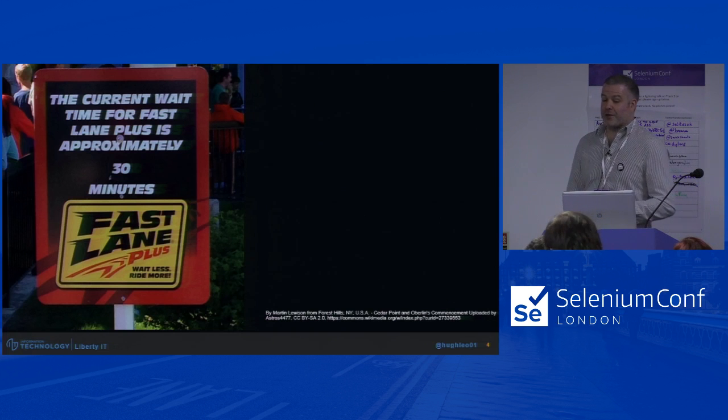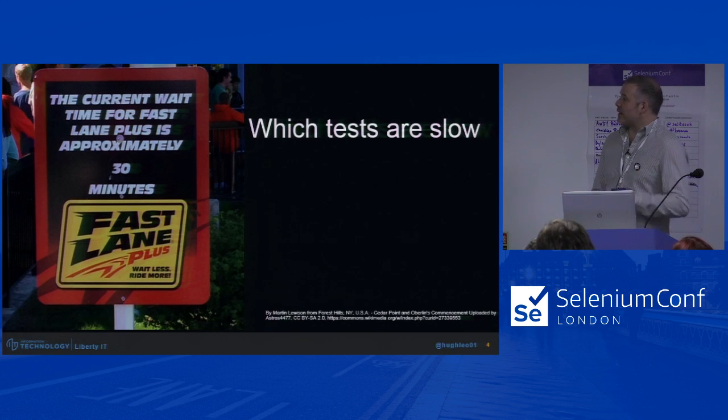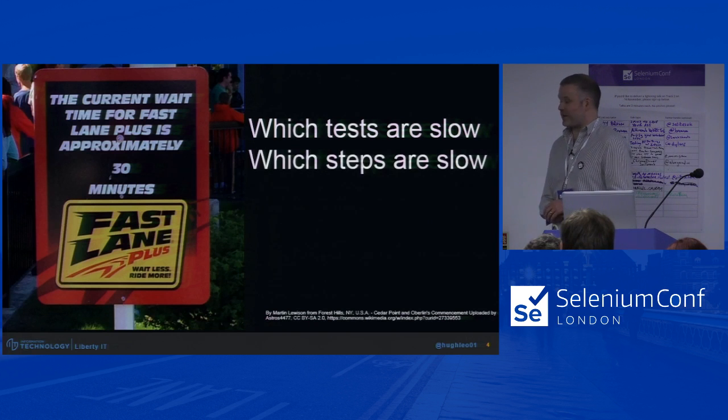So if we were looking for pointers on where issues might be occurring, we'd want to find out, obviously, which tests are slow at a macro level, but perhaps we'd also be interested in finding out which tests or which steps or methods would be slow as well.